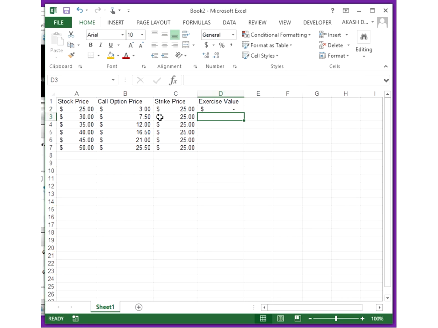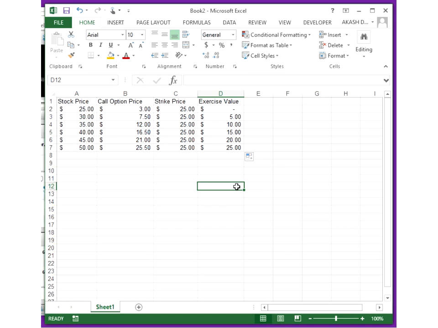So if you were to exercise your option today, your exercise value is going to be 0, because the stock price is 25, strike price is 25, you will not make anything. On the other hand, you can see the exercise value go up as the stock price is going up. The strike price is the same.